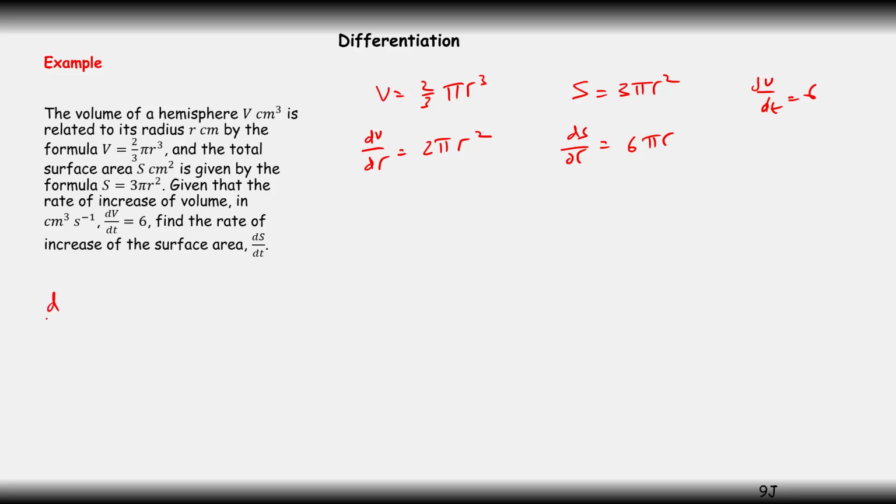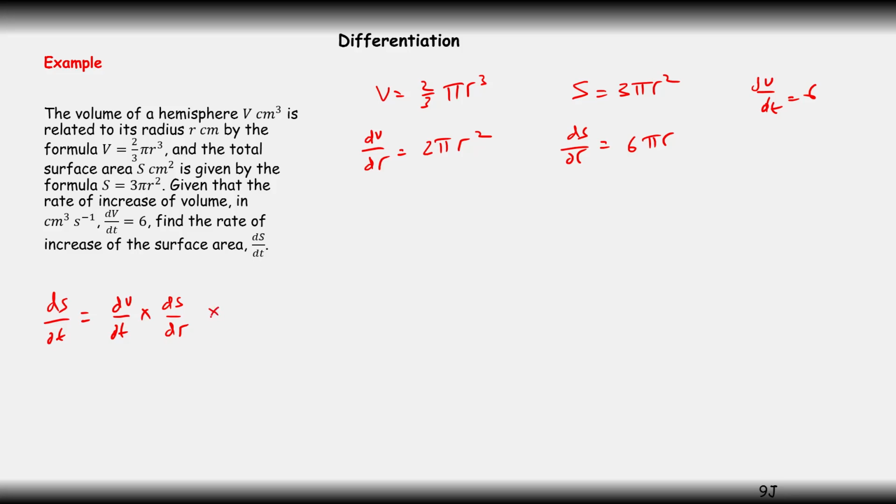If I just write that here, I've got to use the chain rule. So what I can do is use what I know. I've got dV by dt here, multiply that by dS by dr, because I need to find dS. So it's dS by dr. But I need to get rid of the dV and the dr there.